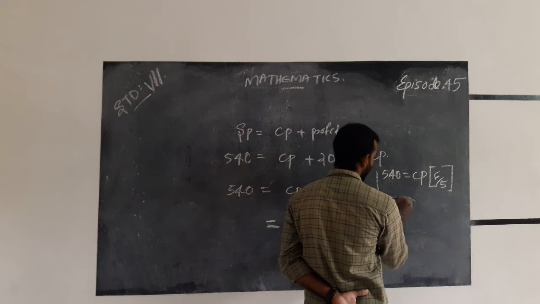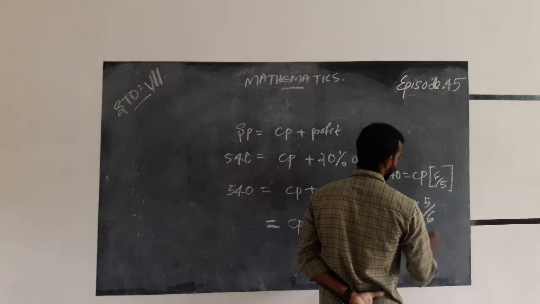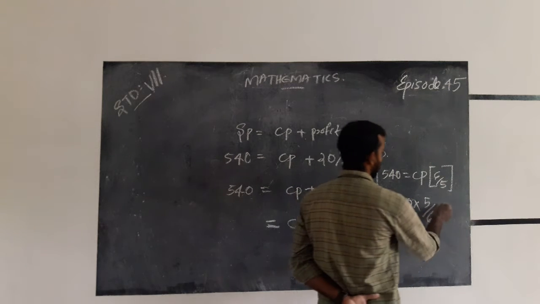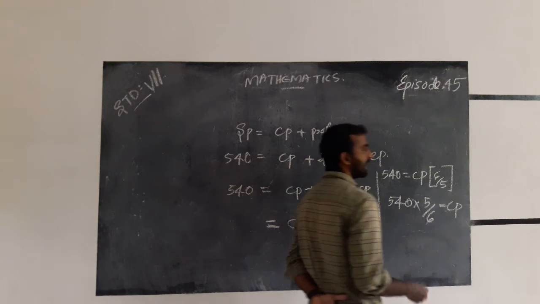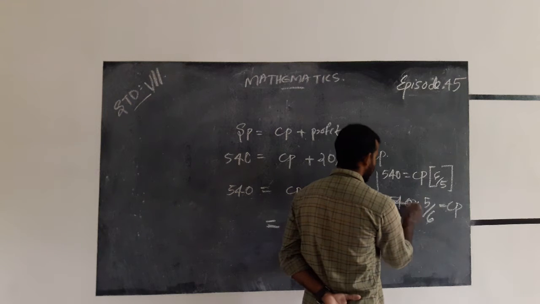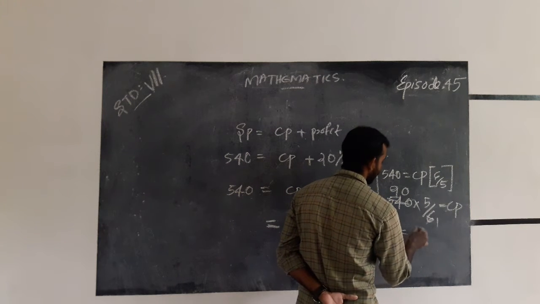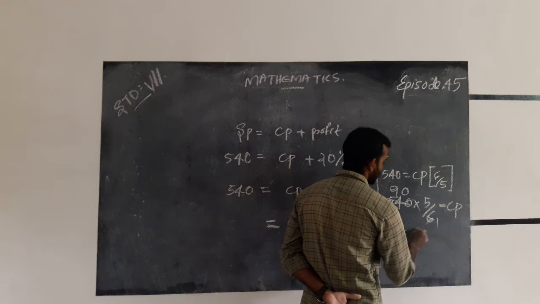Then we can write 540 into 5 by 6 equal to CP. We simplify this. What do we get?